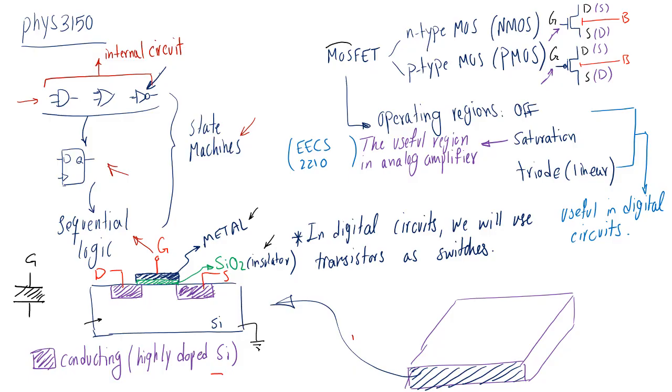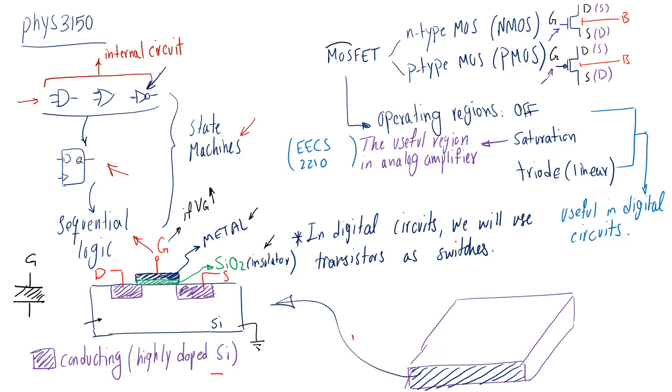But if I apply enough voltage at the gate, so if V gate goes up and past a certain threshold, as I increase the voltage at the gate, I'm increasing more and more charges on the top plate of the capacitor, which absorbs more and more charges to the bottom plate.